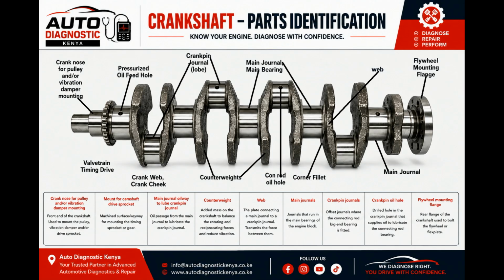Now we have the chain, belt, or gears. With a timing chain, the timing sprocket is enclosed inside the timing case, while the accessory pulley is outside the timing cover. Because the timing chain operates inside the engine, the cover has to prevent oil from escaping. Some engines use a gear train instead.